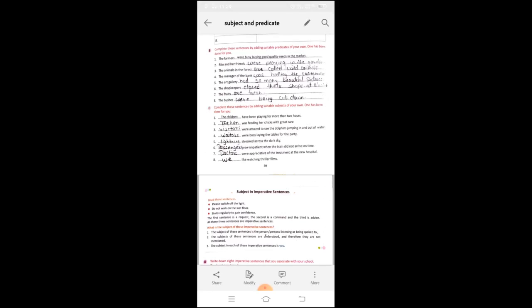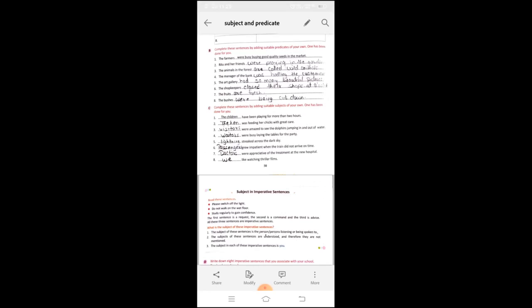Next subject is the animals in the forest, you can write, are called wild animals. The manager of the bank, you can write, was handling the customers. So these are subjects and you can write a predicate suitable to the subject on your own.